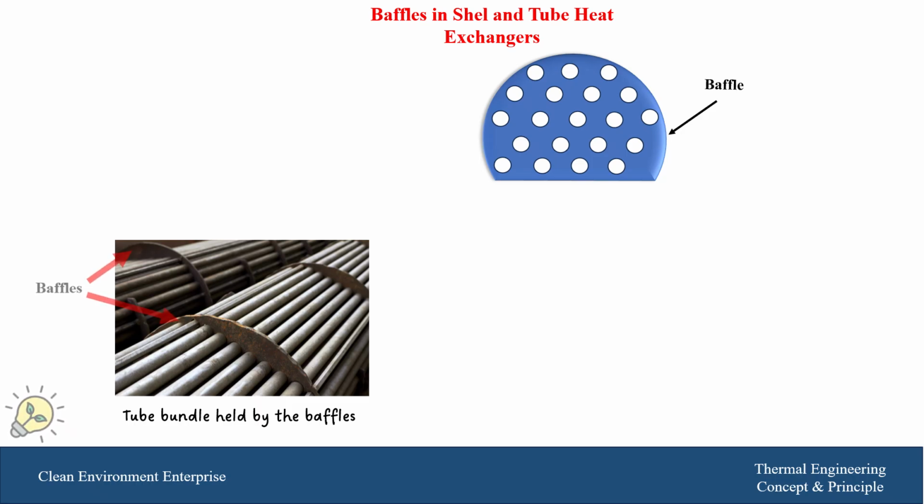And the most common type of baffles is shown in this blue photo, where we have a plate with a specified thickness, and it is perforated with these holes, which allow passing of tubes.